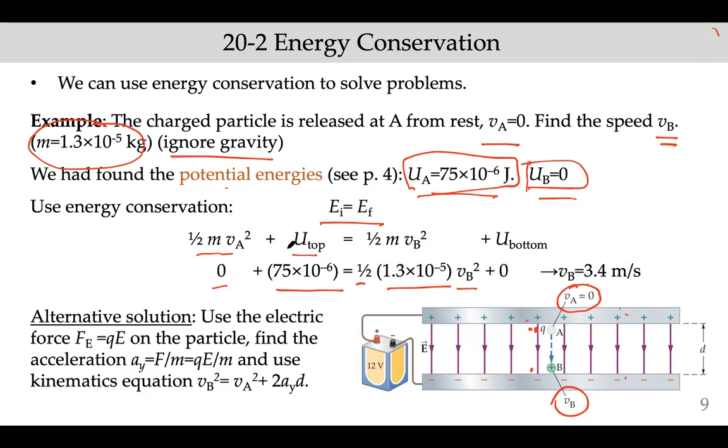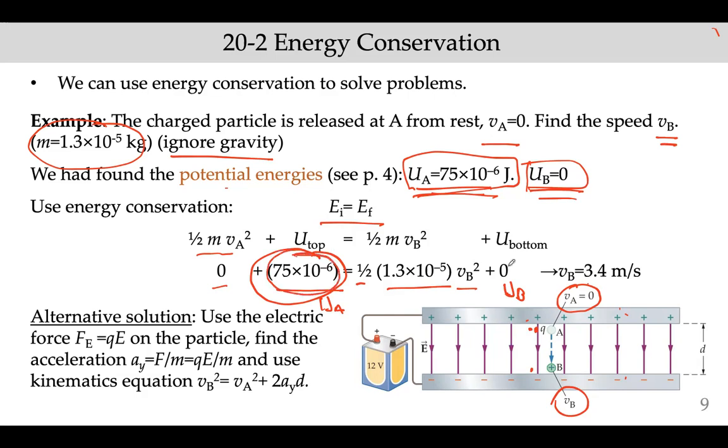So you may ask, well, there was some arbitrariness in these values, and they depended on the potential that we chose on the plates. That's true, but even if you choose different potential values and find different potential energies at points A and B, what matters in this equation is that on the left-hand side we have UA, and on the right-hand side we have UB.